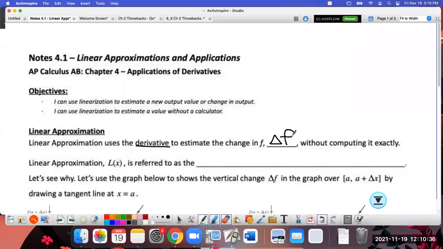We could just do that by taking the function, calculating the output at one point, calculating the output at another, subtracting them, but we're going to use the tangent line to approximate that change instead. Now, because the linear approximation is using the derivative or the slope of the tangent line, the linear approximation is also referred to as the tangent line approximation.